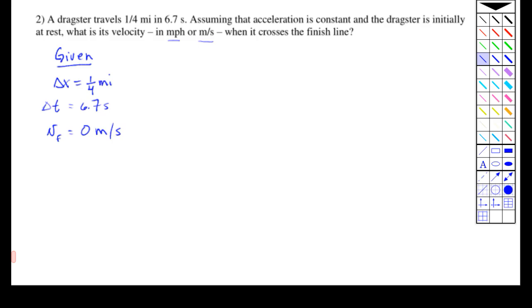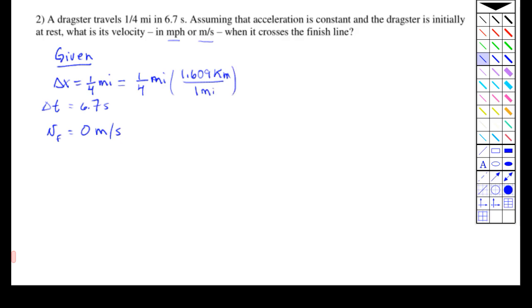Which means we have to convert our distance. So remember the conversion from miles to kilometers. We have a quarter mile. If we multiply by 1.609 kilometers, that's equivalent to 1 mile.